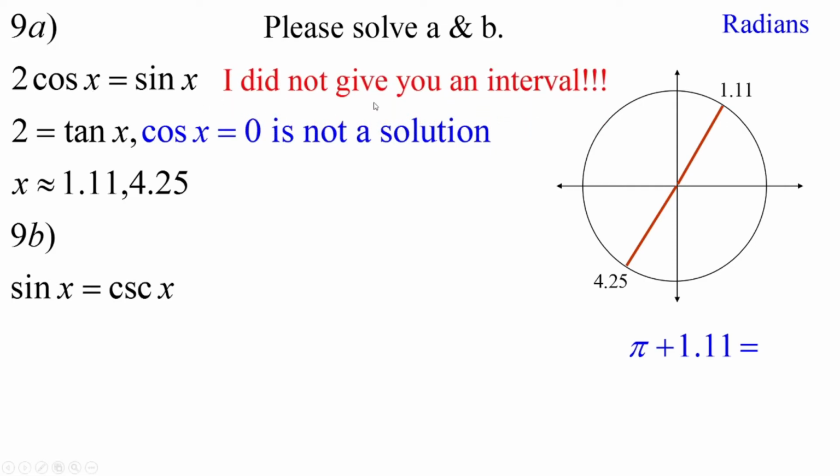So I did not give you an interval, so you have to talk about all possible angles x in which 2 cosine of x equals sine of x, or when tangent of x equals 2. So just take those two angles in radians, and since we are in radians, aren't we going to add any multiple of 2 pi to those? So I'd go plus 2m pi, plus 2m pi.